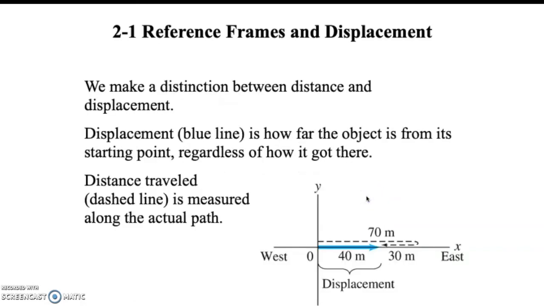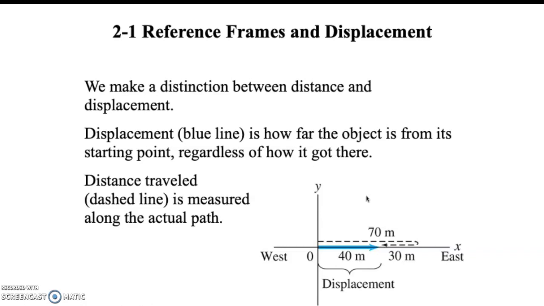Now quickly, let's make a distinction between distance and displacement. By definition, distance is a scalar, and a scalar is just a number with no direction. Displacement, on the other hand, is a vector, and a vector has a number and a direction. On the screen, displacement is the blue line, how far the object is from the starting point, regardless of how it got there.